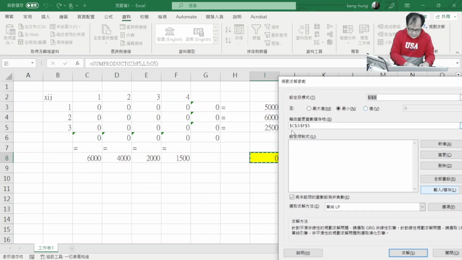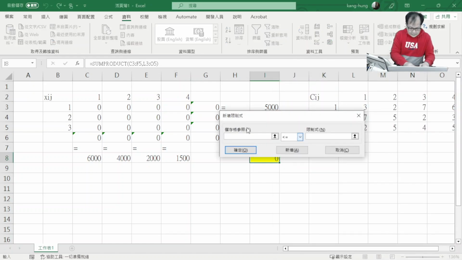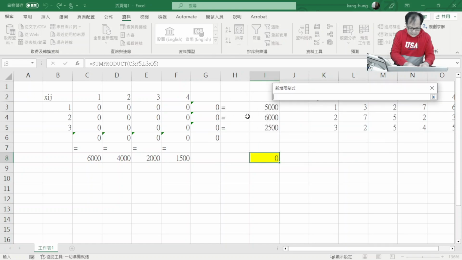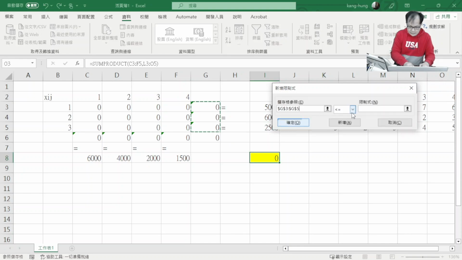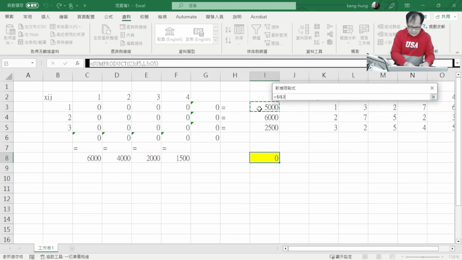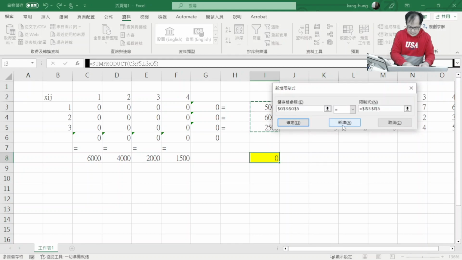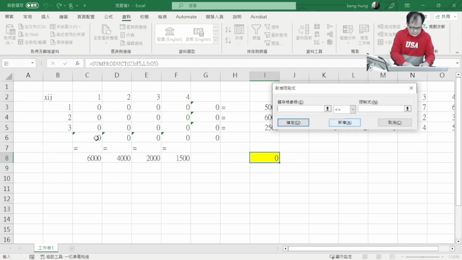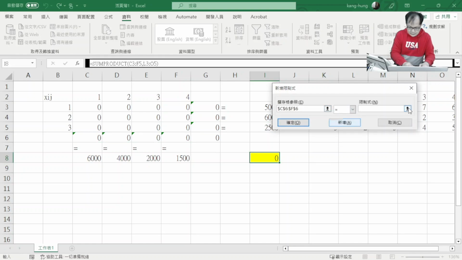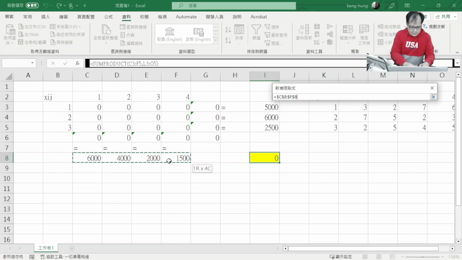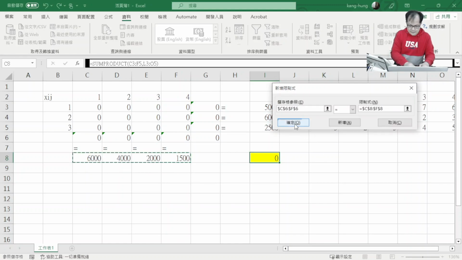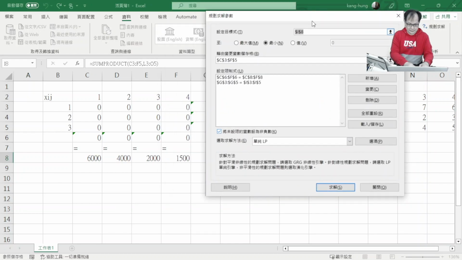I8, okay, C3, F5, C3, F5, okay, then G3 to G5 equal, then these three numbers, okay, and this one is equal, and this one, okay, I think should be correct.